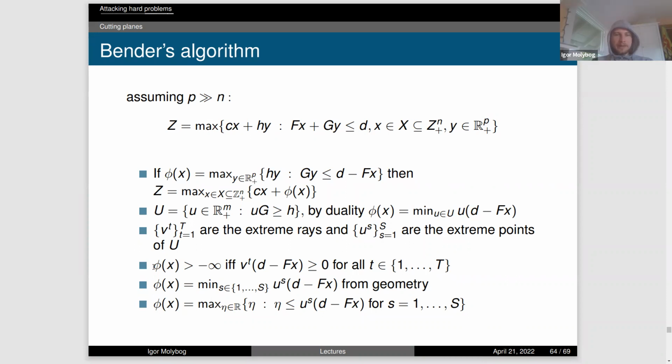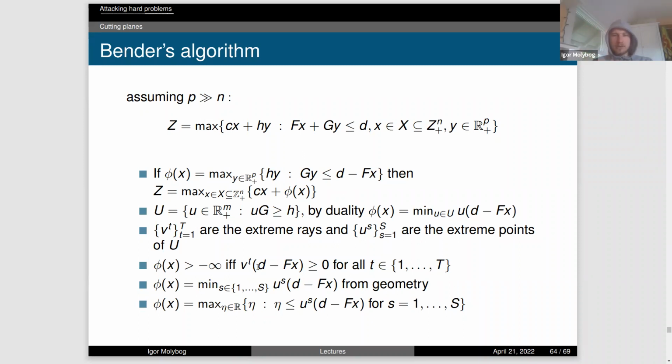Then we are saying that the problem corresponding to 5x is feasible, meaning that 5x is greater than minus infinity, if and only if v_t times the right hand side, d minus fx, is greater than or equal to 0 for all t. So for all of the extreme rays, if we go in the direction of this extreme ray, we will not be able to improve our objective function.